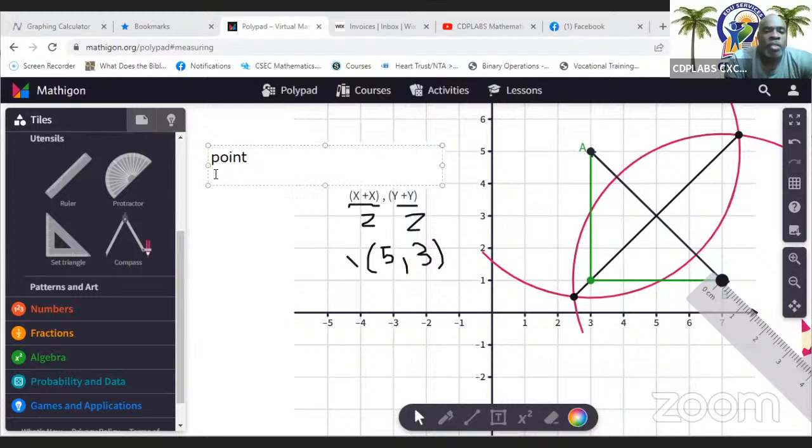It also has the gradient. And you need to also have the y-intercept. What do we mean by the y-intercept? The y-intercept is where the line cuts across the y-axis.